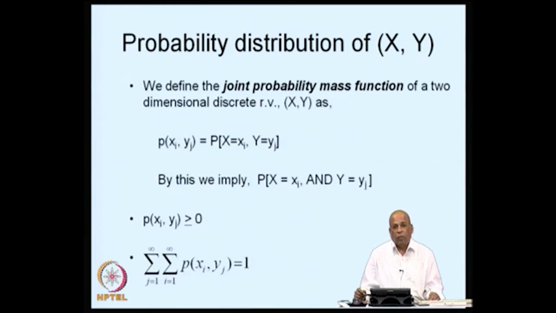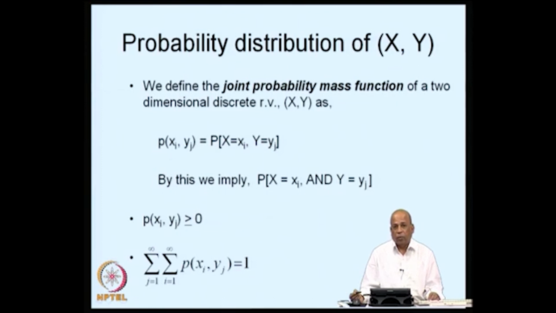We will deal with only cases where both x and y are discrete or both x and y are continuous. Then, analogous to what we did in the single dimension random variables, we first take the discrete random variable and then define the probability mass function. So, in the case of a two dimensional discrete random variable, we call it the joint probability mass function, and we define p(x_i, y_j) as the probability of X equal to x_i, Y equal to y_j.